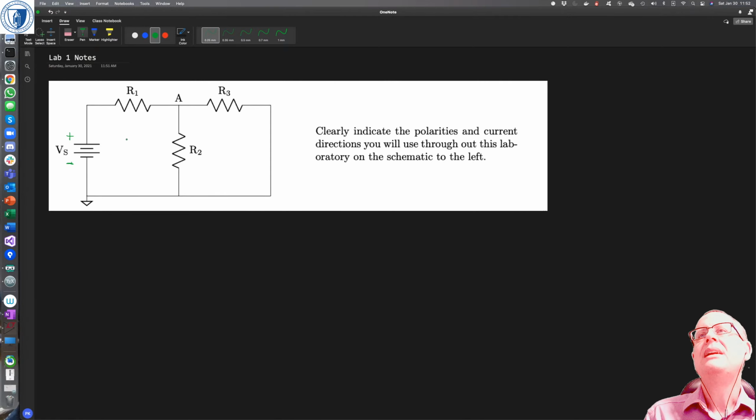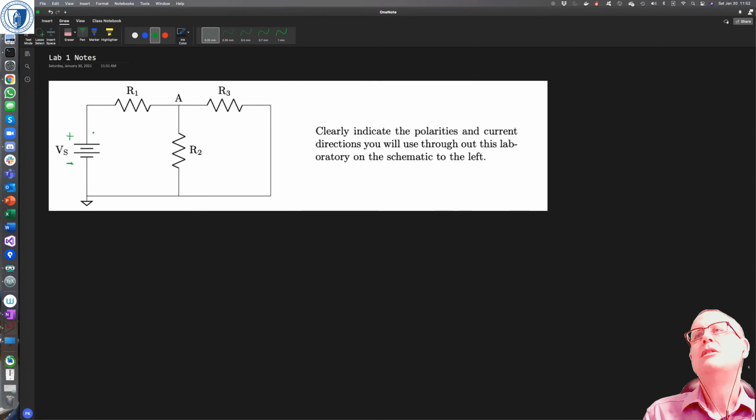Okay, so we've already got our polarity for the voltage source defined, and it's standard for current to be indicated flowing out of the positive terminal of the battery or the voltage source.